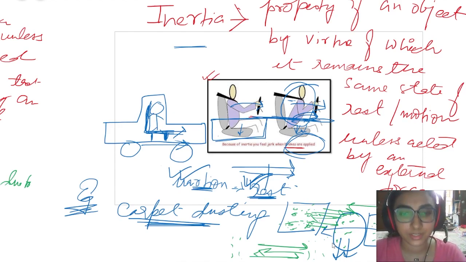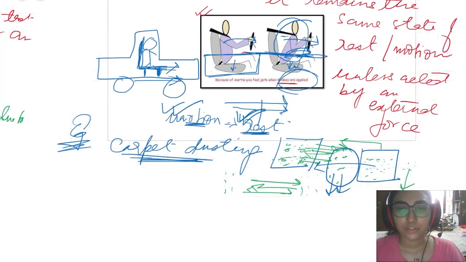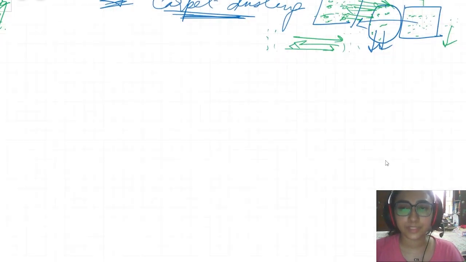So yeah, now let's have some more discussion on inertia, what exactly it is, what exactly it does. Till now we were talking about cars and carpets. Let's just say that there are two different objects.